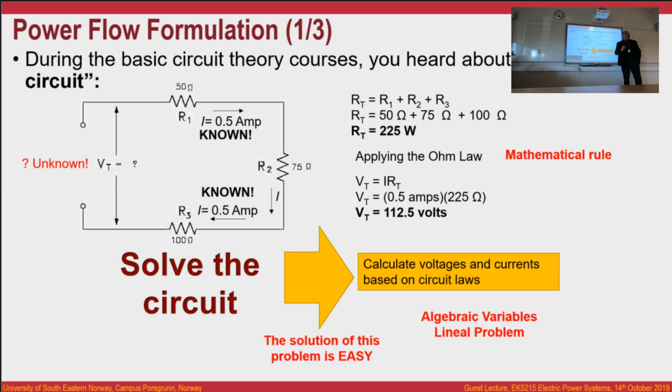To be honest, a power system is a circuit. However, it's more complex than a basic circuit, because in a basic circuit the relationship between voltage and current is a linear relationship. Remember that? Also, it's a very simple problem because you are using algebraic variables. Are you with me? Good?